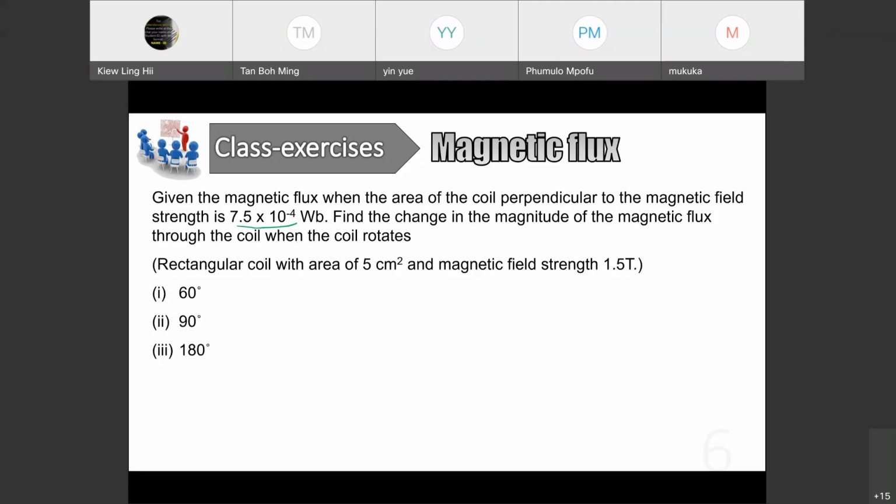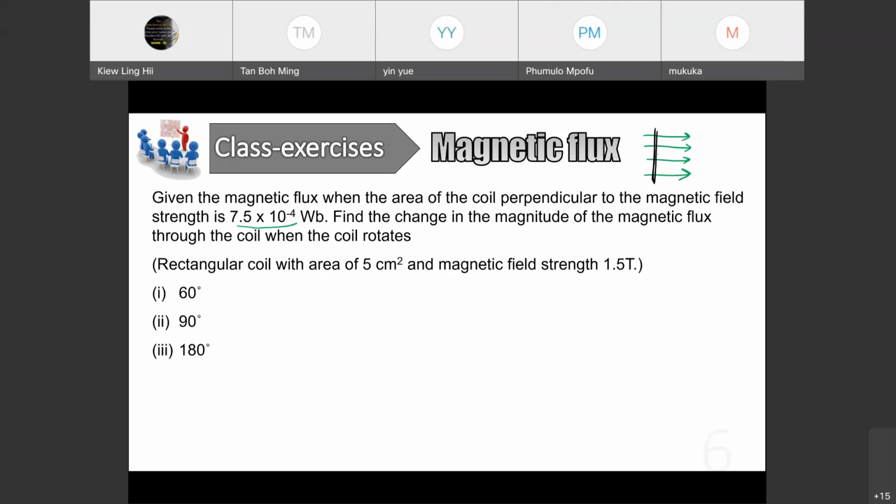So when it is perpendicular, how does it look like? You can draw your own diagram. Area of the coil is perpendicular, meaning that now if the area is in the Z dimension and my magnetic field is to the right, they are 90 degrees.